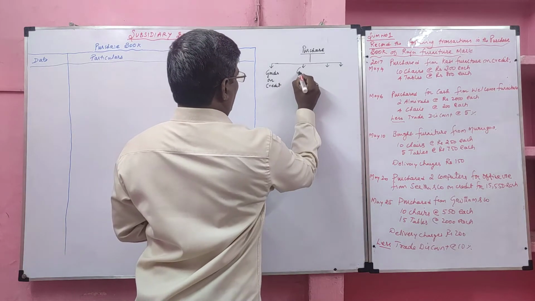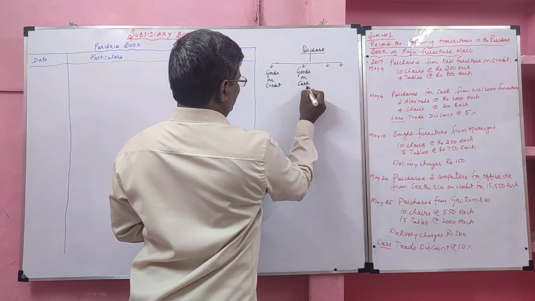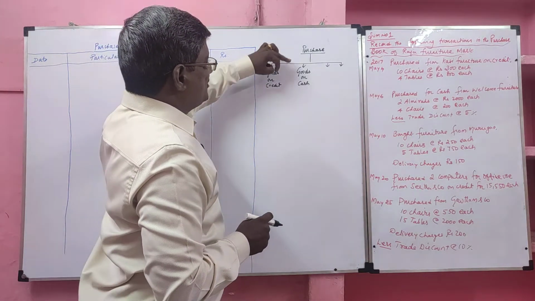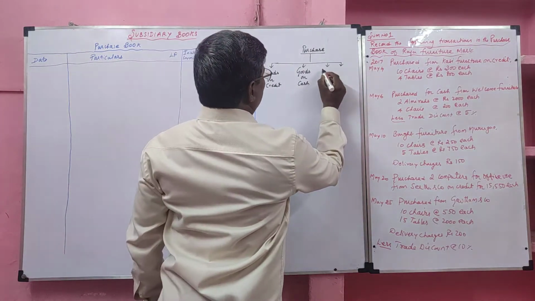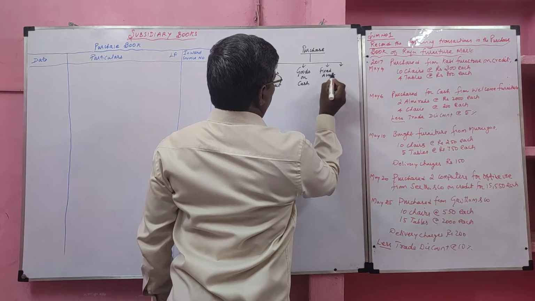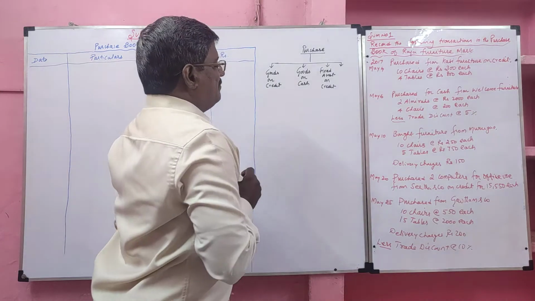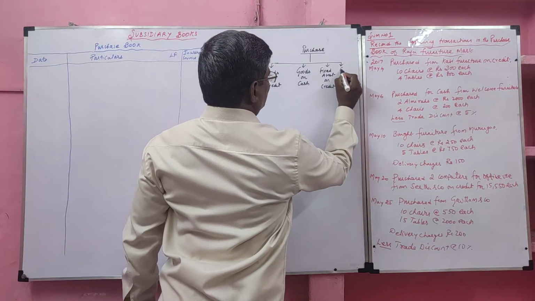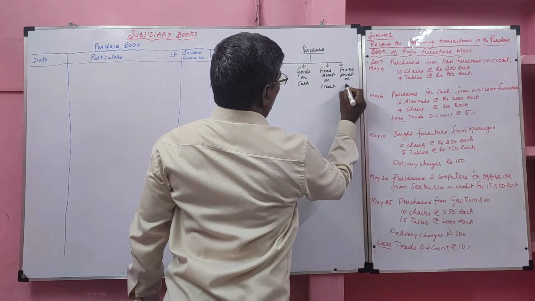Second, a business buys goods on cash terms. Then a business buys fixed assets on credit terms. And at last, a business buys fixed assets on cash terms.